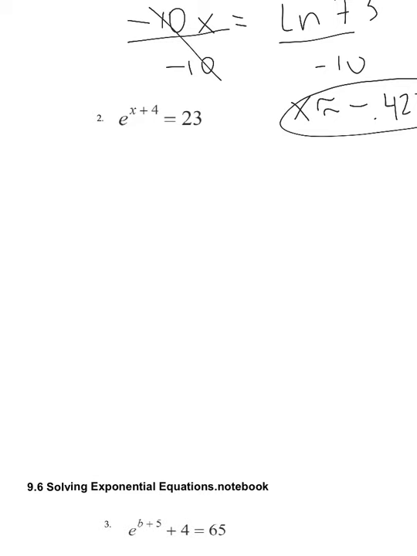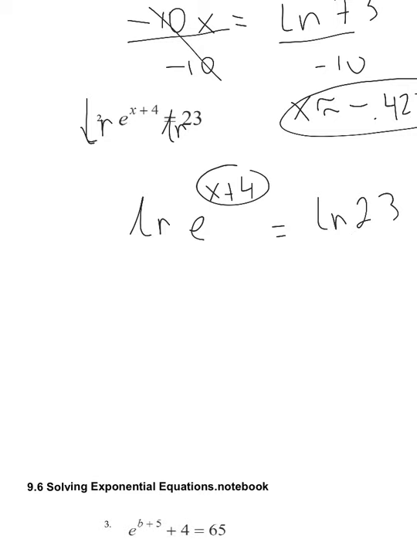So in question number 2, e raised to the x plus 4 power equals 23. So ln, so you get ln e to the x plus 4 equals ln 23.